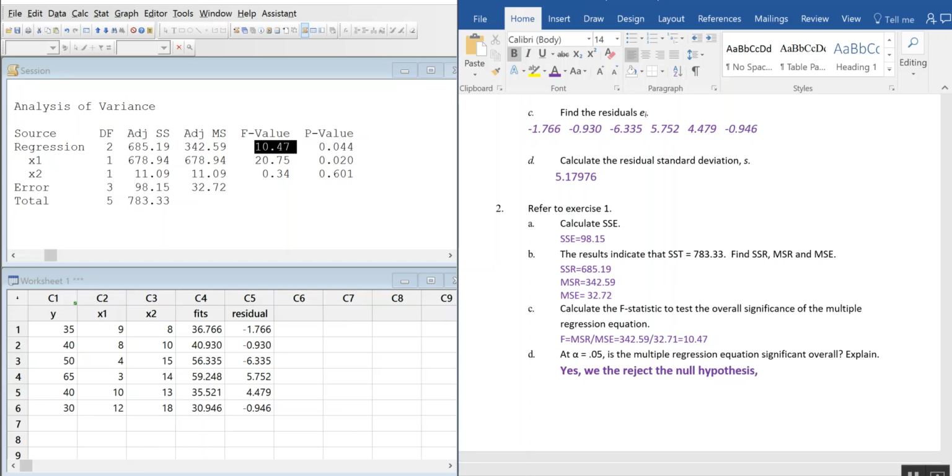Since this doesn't have context, it's like reading stereo instructions. What does this mean? Remember the null hypothesis is that all your slopes are 0. So what you should be saying is that at least one of these predictors is significantly contributing to predicting y.